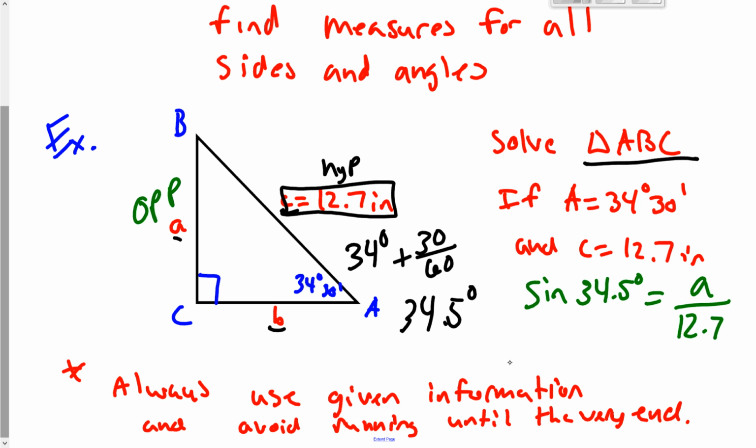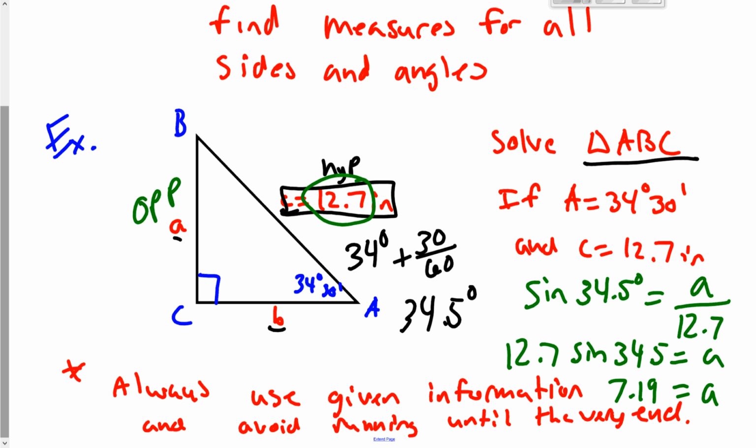Multiply both sides by 12.7, enter this into the calculator, and that gives us a. So a is approximately 7.19, because we have 3 significant figures here, so I rounded at the hundredths place. So there's our a.